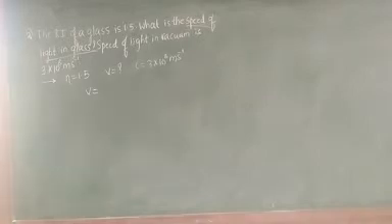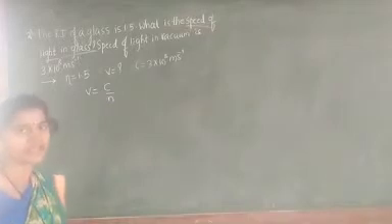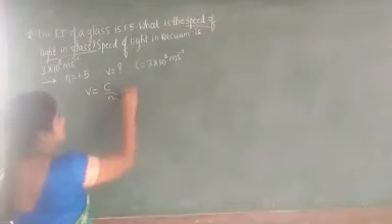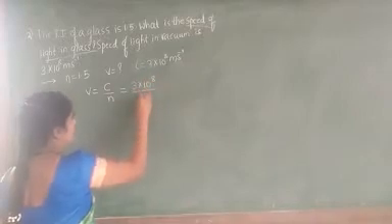Therefore v is equal to c by n. Put the value of c and n: 3 into 10 raised to 8 by 1.5.